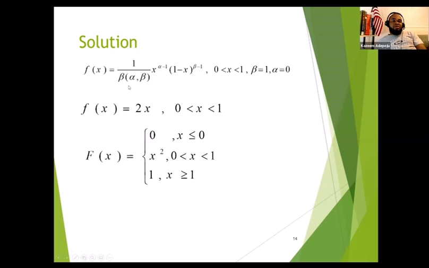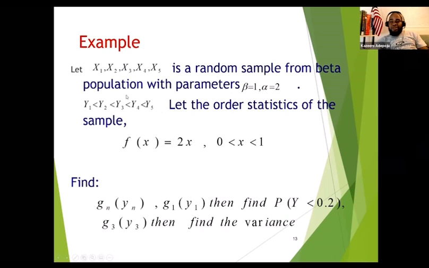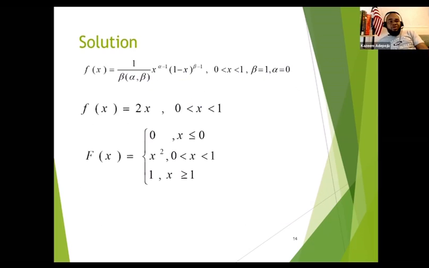And the f of x has been derived to be that, and if f of x equals 2x, of course you can get the CDF. So these are for the unordered variable, because before you can find the distribution of the maximum, of the minimum, and other stuff, you need to first know the probability distribution and the CDF of an unordered variable.